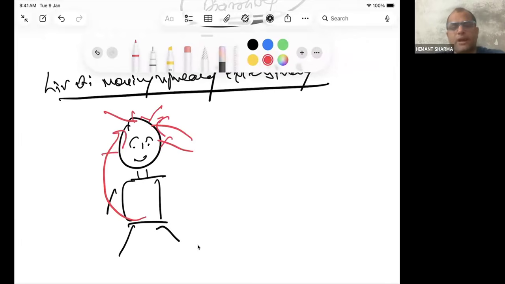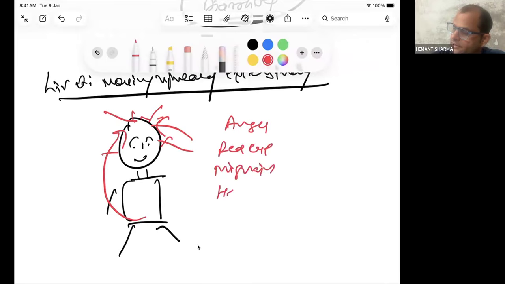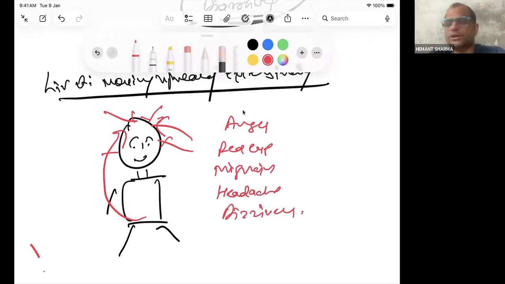Now this person will be having migraine, headache, anger, red eye, migraine, headache, even dizziness. व्यक्ति ने गुस्सा किया और बोलेगा मेरे चक्कर आ रहे हैं. Chi is rushing to the head. Chi क्या कर रही है? हेड में जाके रश कर रही है.